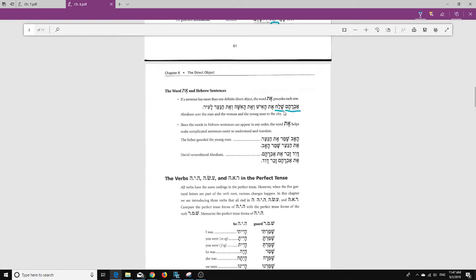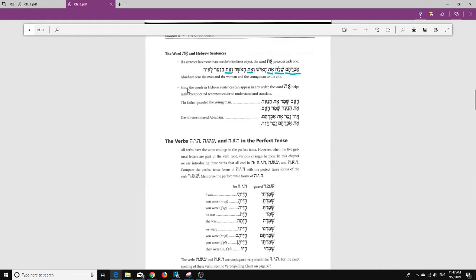Abraham sent the man and the woman and the young man to the city. So we have that et each time there's a direct object that's definite. And I'd say, from my experience, most of the time direct objects will be definite and will have this et. At the very least, this is a very common thing. So that's why we're going over it.